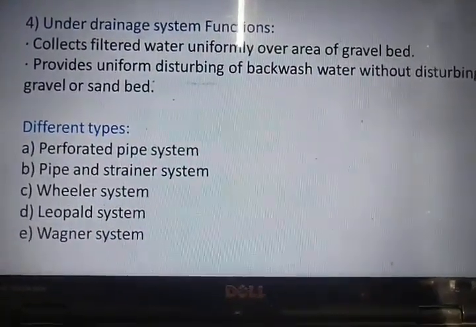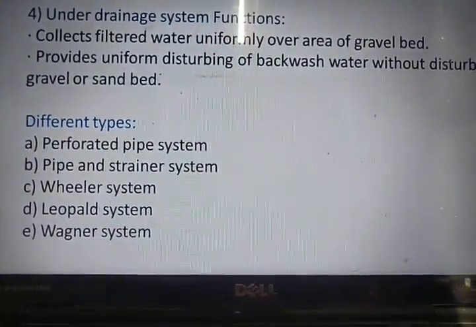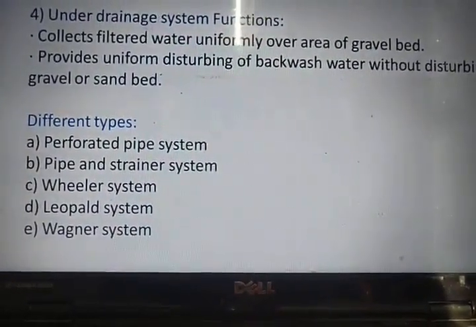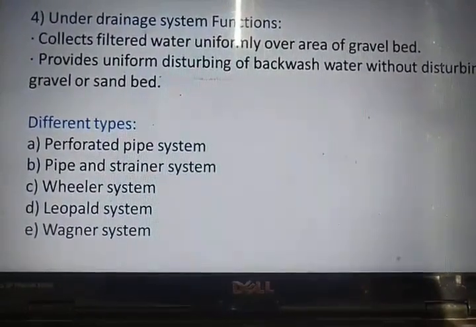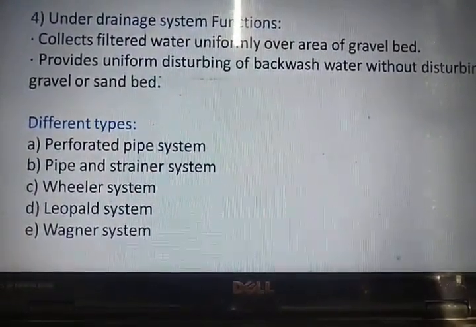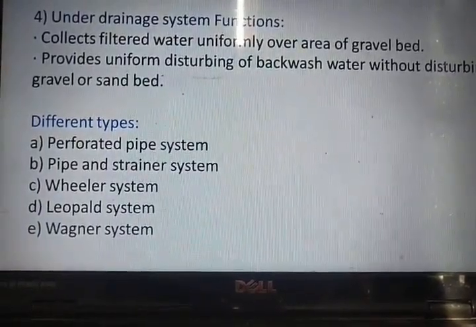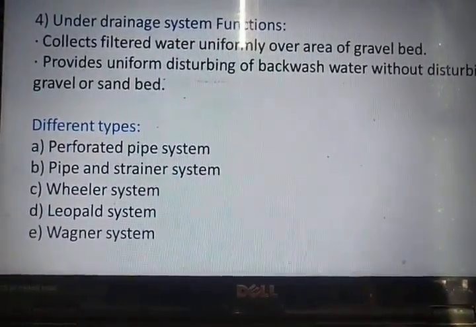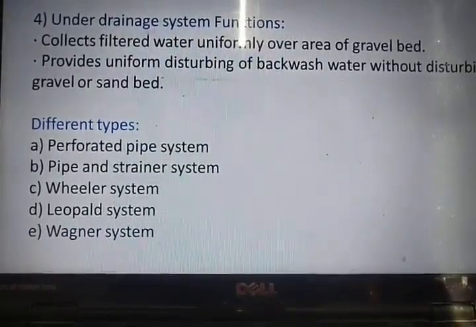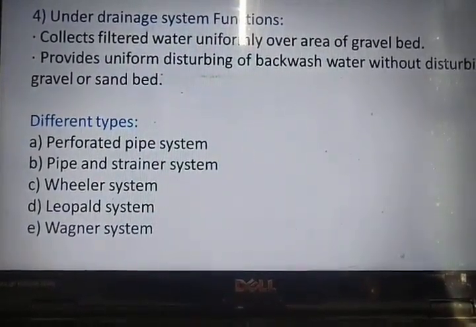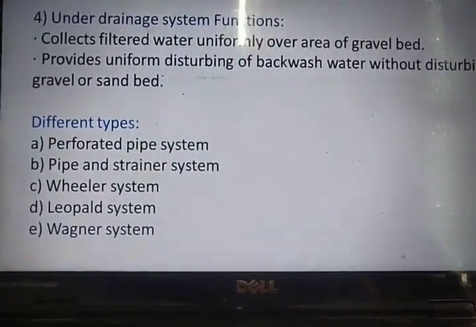So based on the types, it is classified into 5 different types, that is perforated pipe system. So the under drainage system consists of the perforated pipes or lateral pipes located beneath the base layer. Then it can also be the pipe and strainer system, Wheeler system, Leopold system and Wagner system.